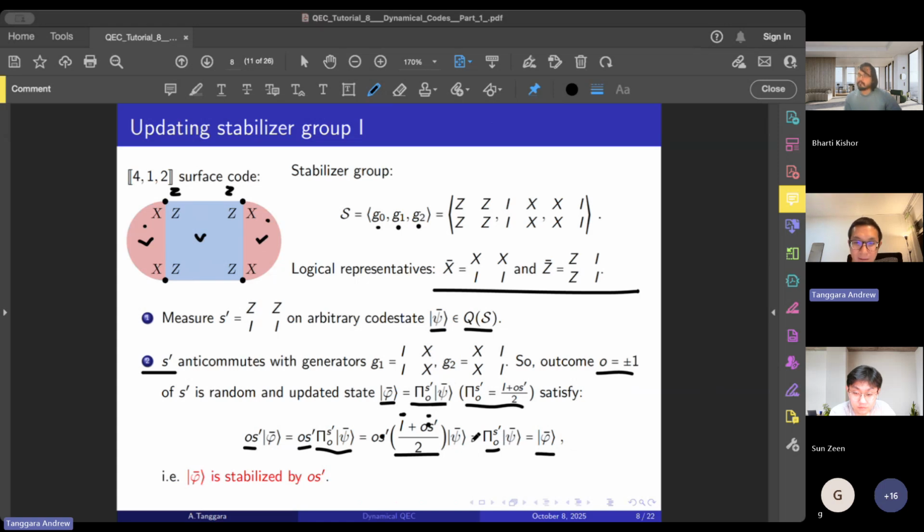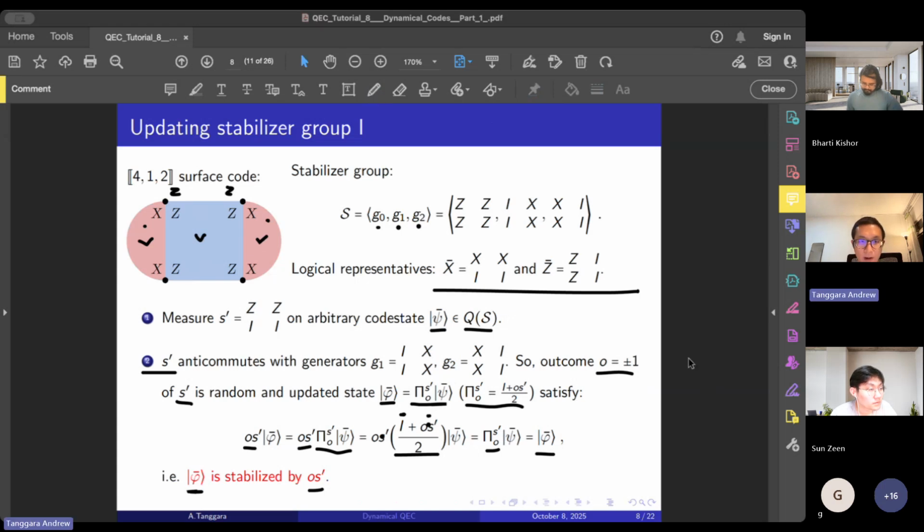And that's basically the definition of this updated state. So what this means is that this new projected state after I measure it is stabilized by this OS prime, right? So just this Pauli observable multiplied by the measurement outcome +or -1.